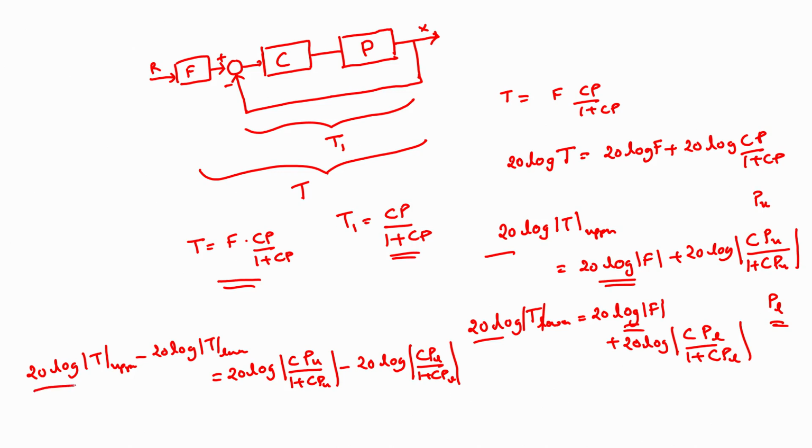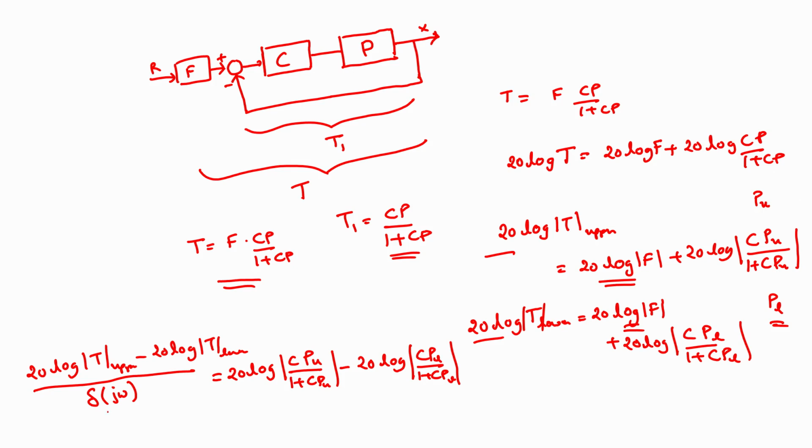On the left hand side, we note that the term 20 log magnitude of T upper minus 20 log magnitude of T lower essentially is a permissible spread delta of j omega at the frequency omega. So if we restrict the spread to within delta of j omega at all frequencies omega, we essentially ensure that our closed loop pole does not vary outside the boundaries of the rectangle that we have drawn 2 slides back.